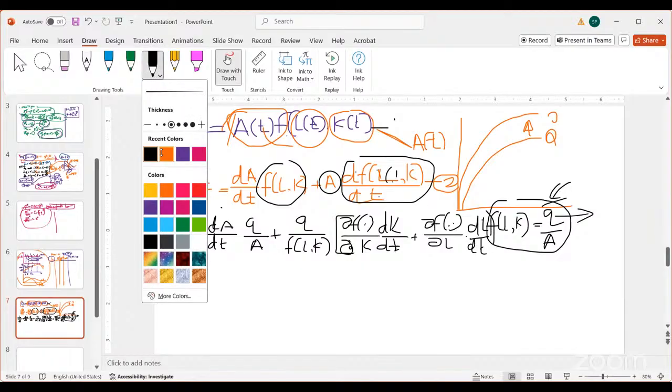Now here we have already reached, I think, what we need. But before that, what we are interested in is growth.